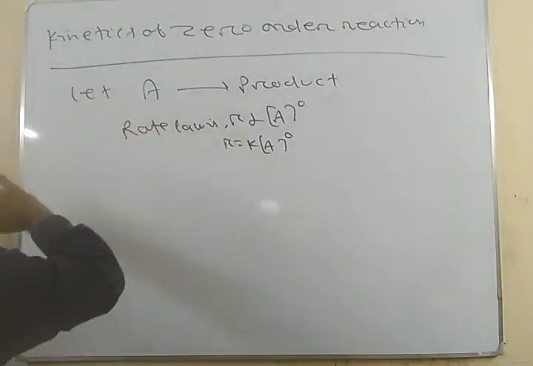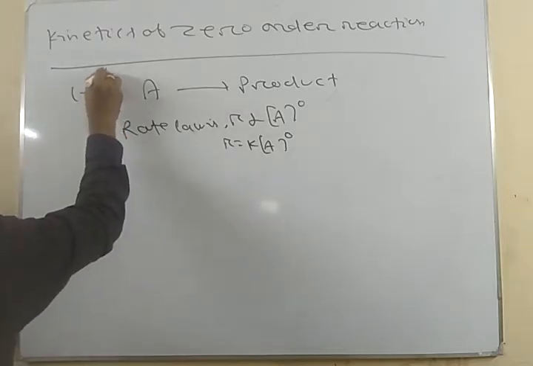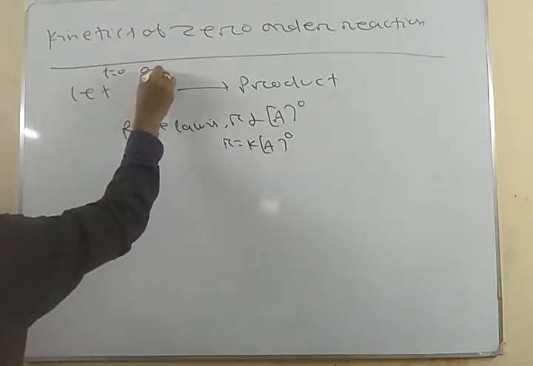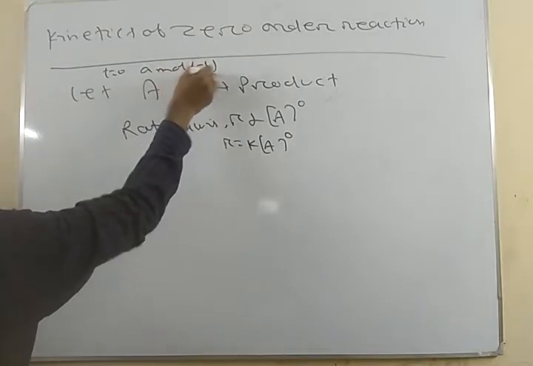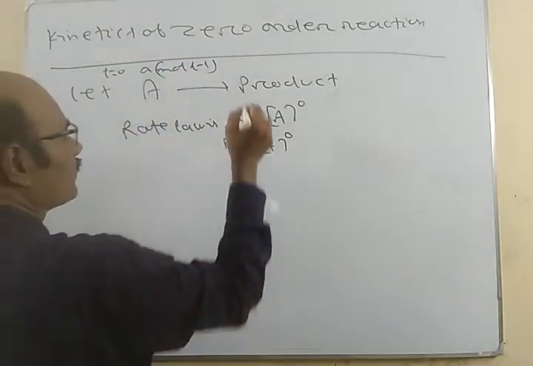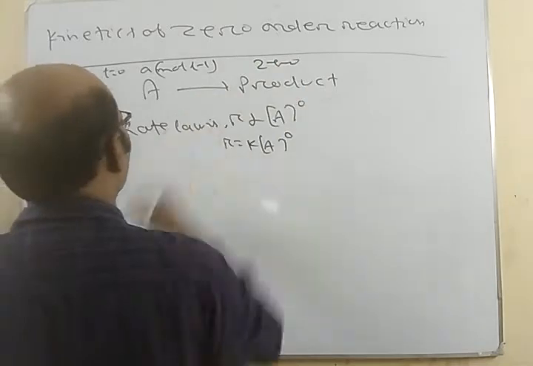Suppose at time t equals 0, I have taken a mole per liter of A and the product is 0.